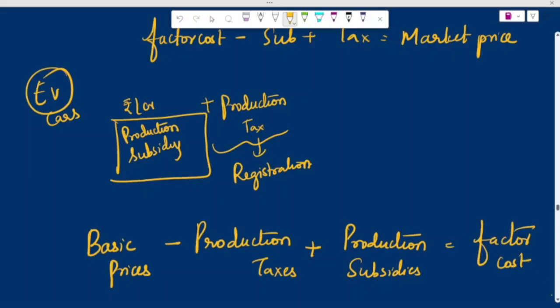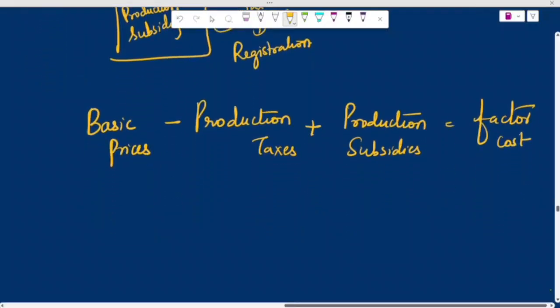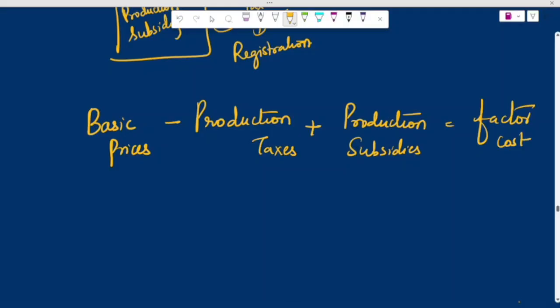So here to buy a land, if I don't produce EV cars, then it will be very costly. If I tell the government that I'm producing the EV cars, they'll be giving me a subsidy. Then when I go to registration, I need to pay some stamp duties and all. So that will be production taxes. Whatever I'm paying, I'm doing a minus, and whatever the government is giving me for free, that is called production subsidies. So basic price minus production tax plus production subsidy equal to factor cost.